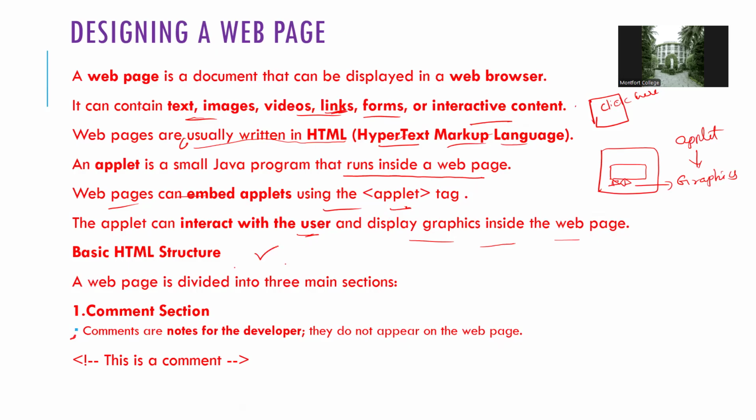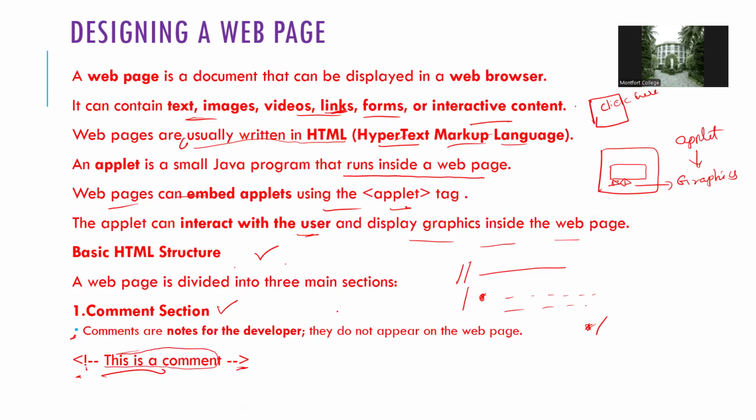Next, basic HTML structure. The structure only I have explained now. So first, comment section. Comment section we have to give in this way. In C language, how do we give a comment? Two forward slashes for single line comment, and for multi-line, forward slash followed by star, and we will type the statements, and finally we will give star forward slash. Similarly, here we have this left angle bracket and this right angle bracket, and here we have to give the not operator, and here you can give your comment.